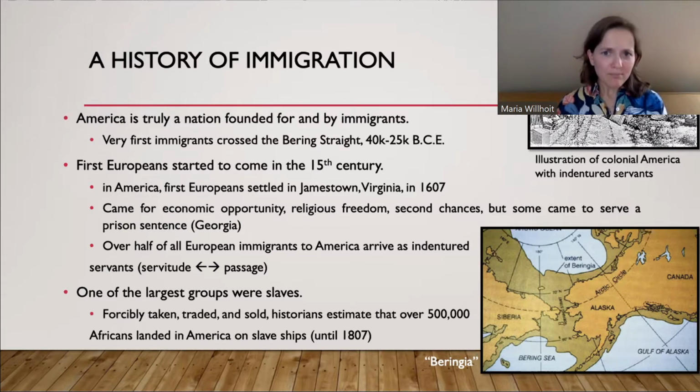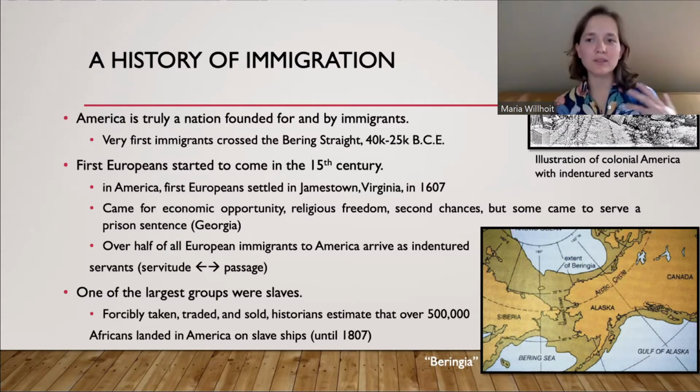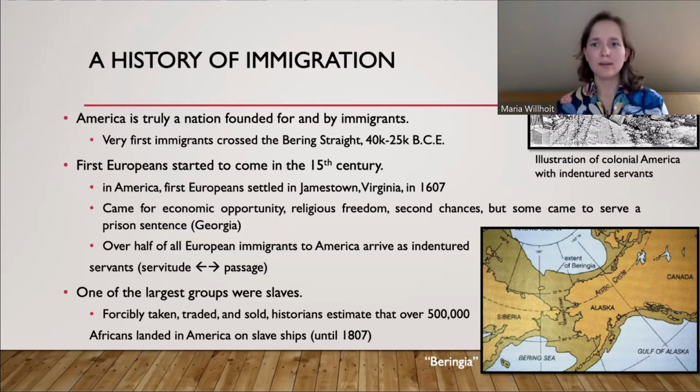The very first of these migrants came around 40,000 to 25,000 BCE. They came a very long time ago. So Native Americans, the first peoples in America, have been here for a very, very long time. And that's something that we still have to respect in America.